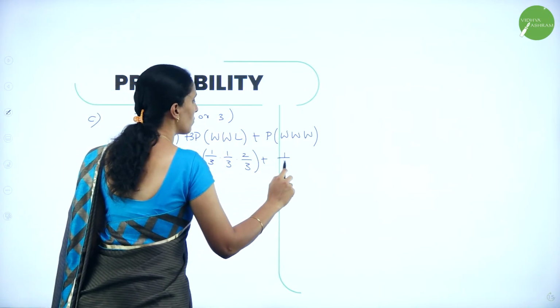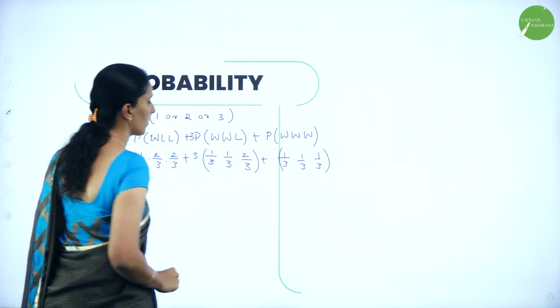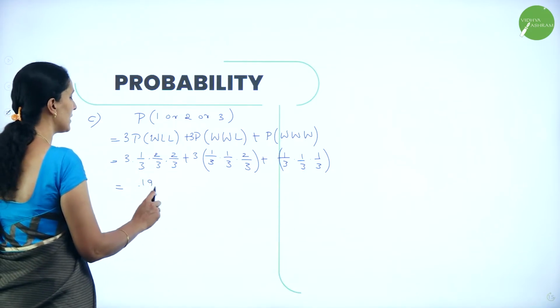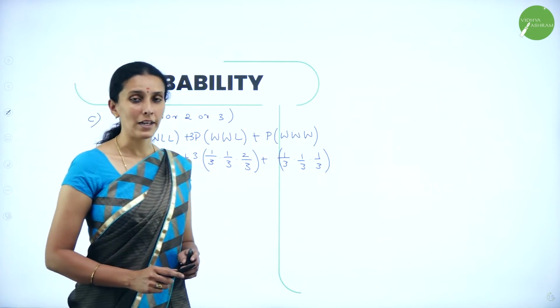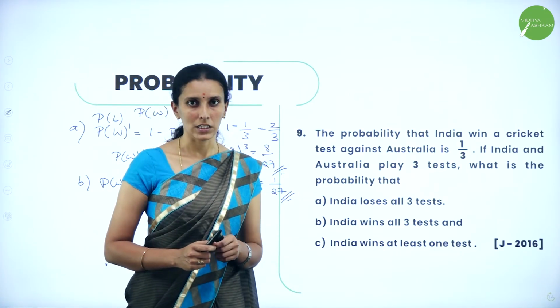And here again it is 1 by 3 into 1 by 3 into 1 by 3. So solving this, we will get the value as 19 by 27. So this is the probability that India wins at least one test.